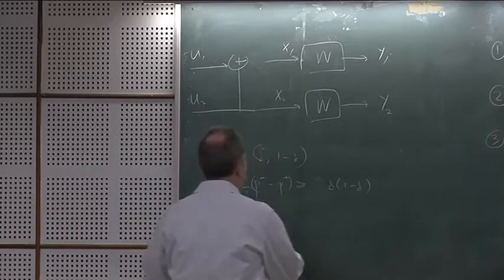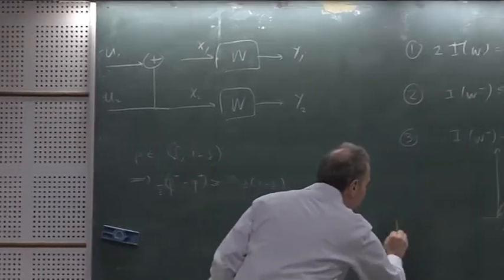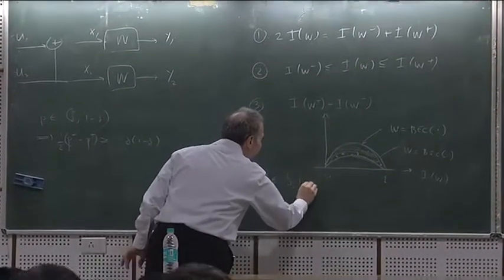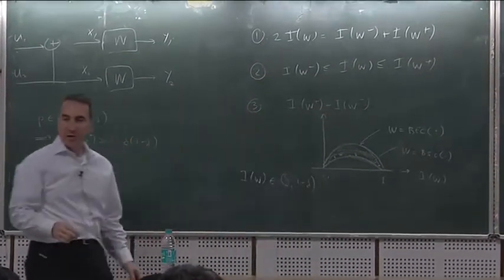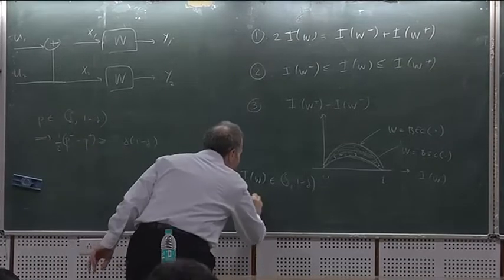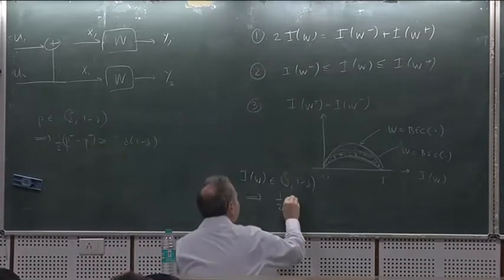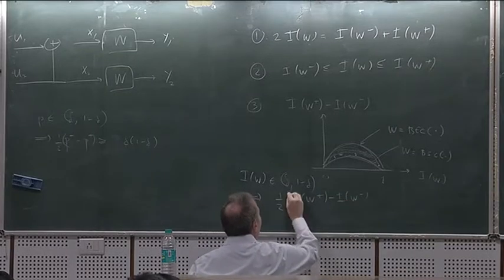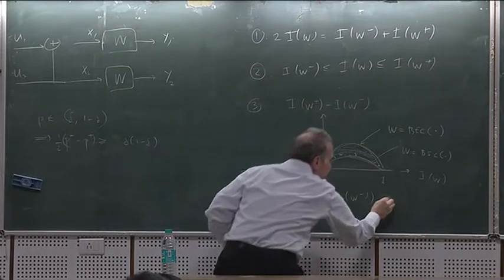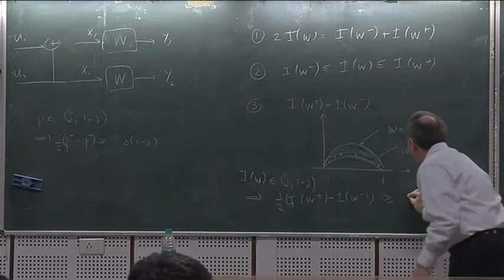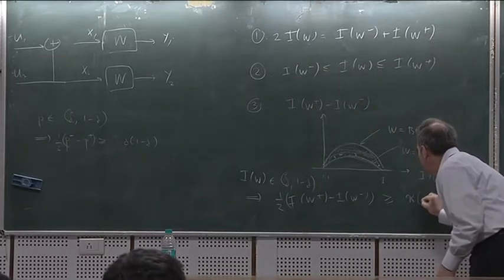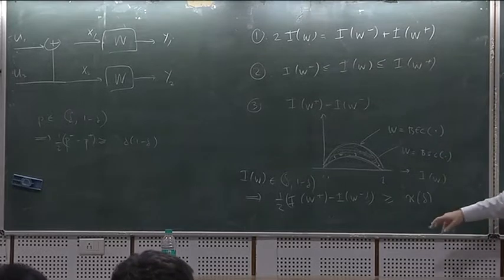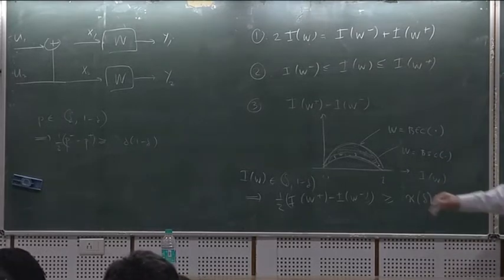If I(W) is between delta and 1 minus delta, then half of the difference between I(W plus) and I(W minus) is at least some function, let's say kappa of delta, which happens to be positive, kappa of delta away from zero.